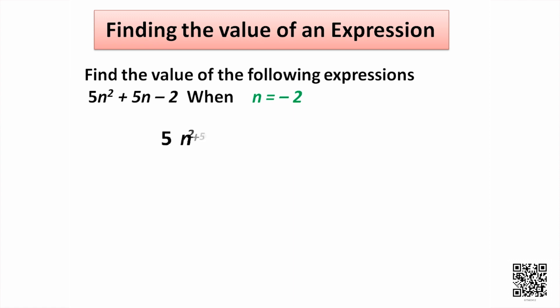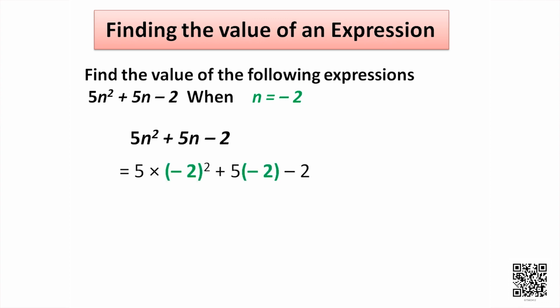So we have equation 5n square plus 5n minus 2. Now we are putting minus 2 in place of n. So this becomes 5 times minus 2 square plus 5 times minus 2 minus 2.